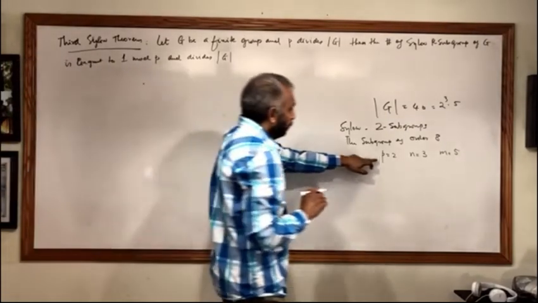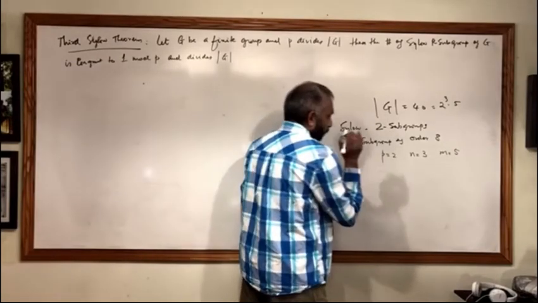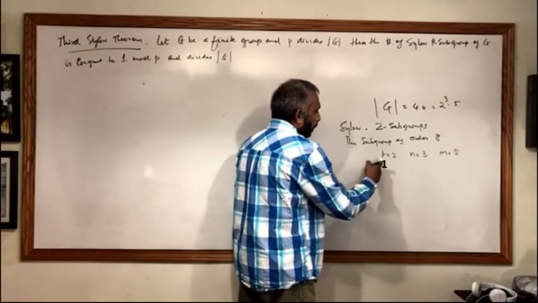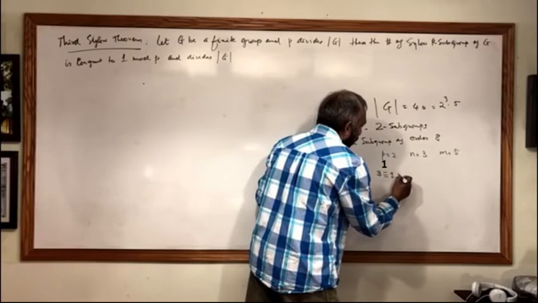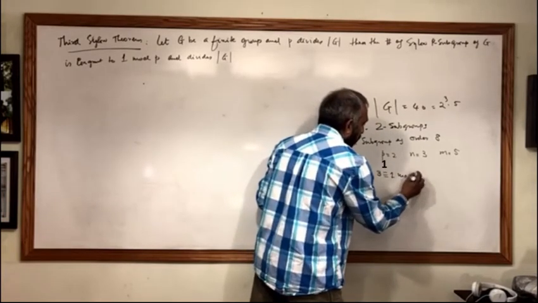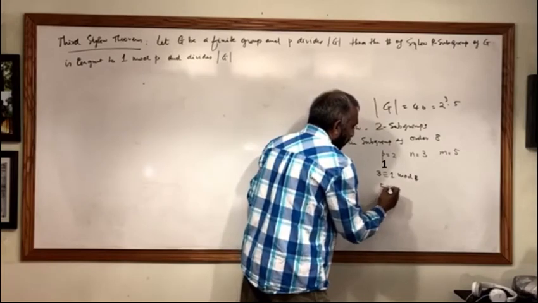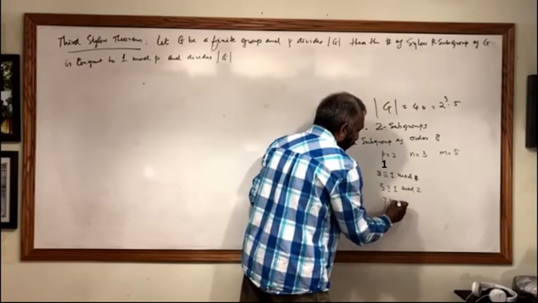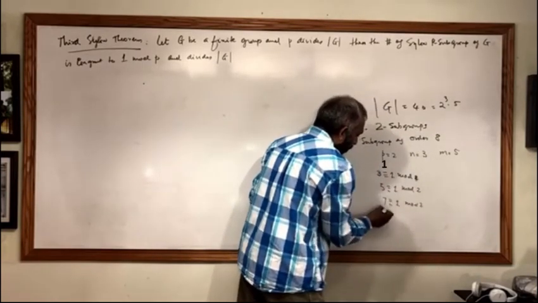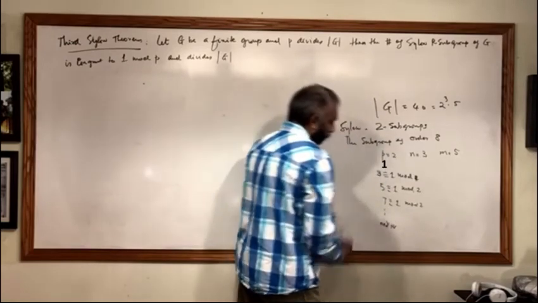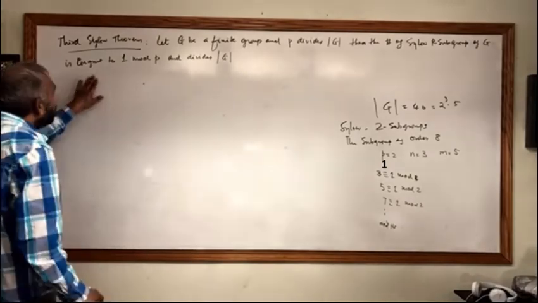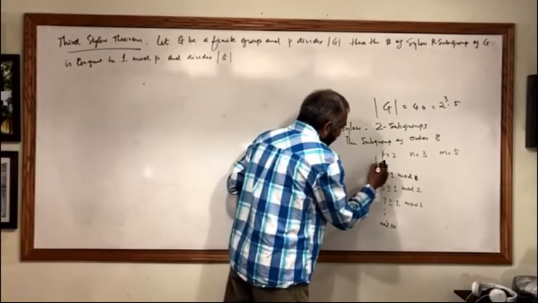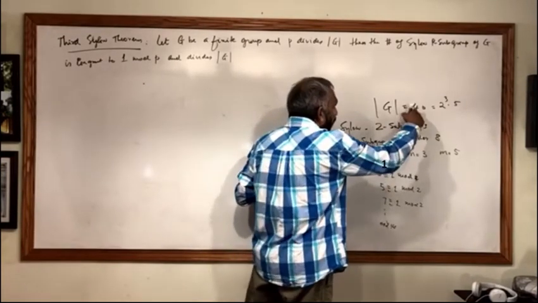P is 2. So it could be just 3, because 3 is congruent to 1 mod 2, or it could be 5, or 7. So these are odd numbers, and this should divide the order of G. That is, when you take these odd numbers, they should divide 40 also.